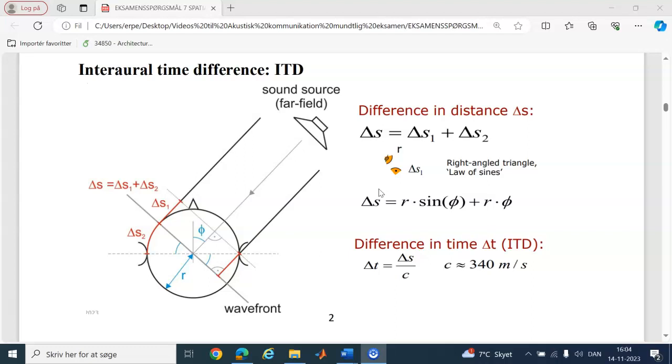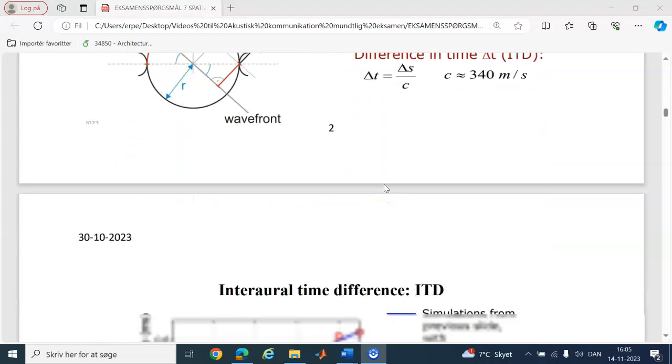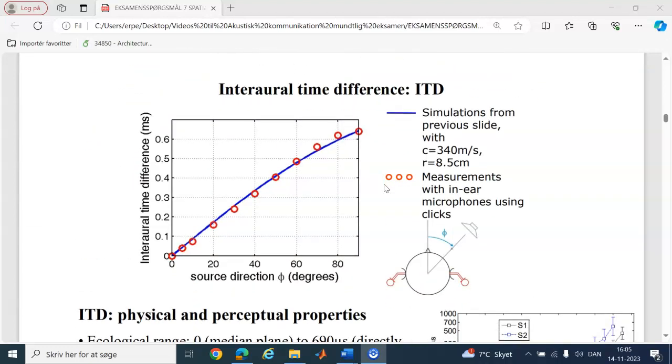The ITD, delta t, is the length difference divided by the sound speed. Interaural time differences are in milliseconds.